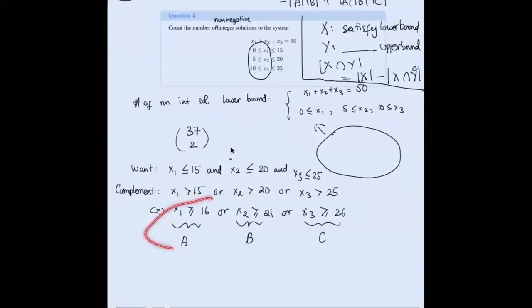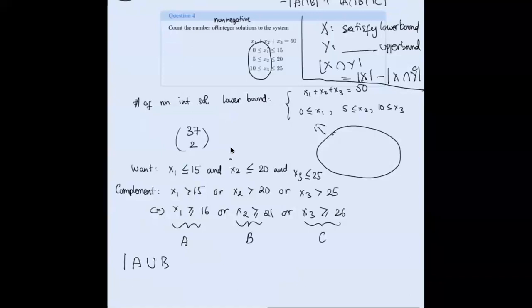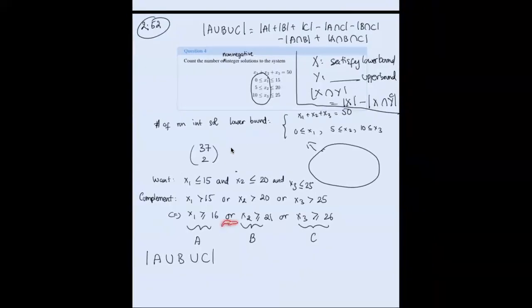So if we can calculate the complement, we can take this number and subtract the cardinality of the complement. So the complement is the cardinality of A union B union C, right? Because we want the word or. So it is union. And if I apply this formula, I will be able to calculate this quantity.